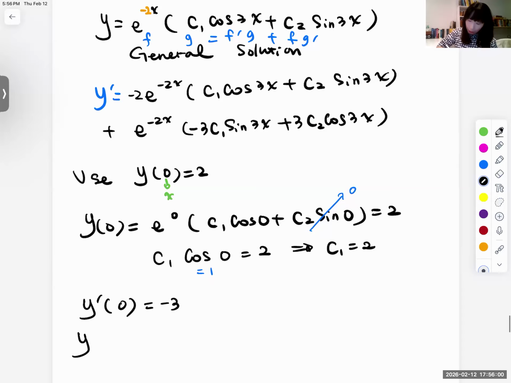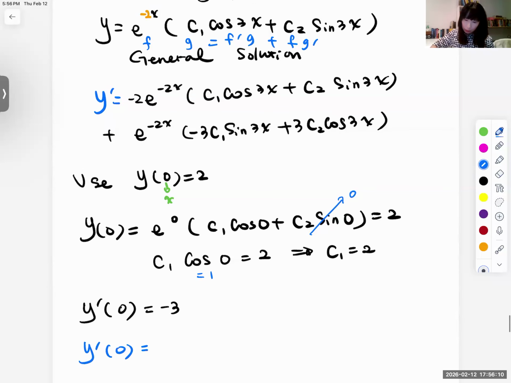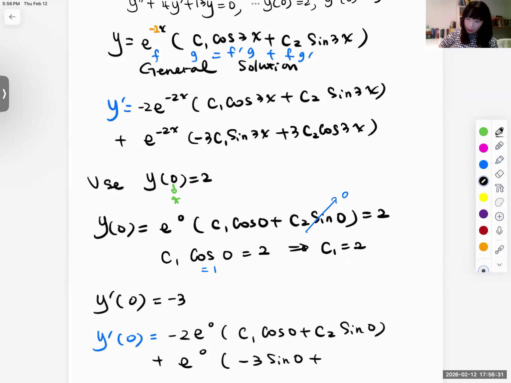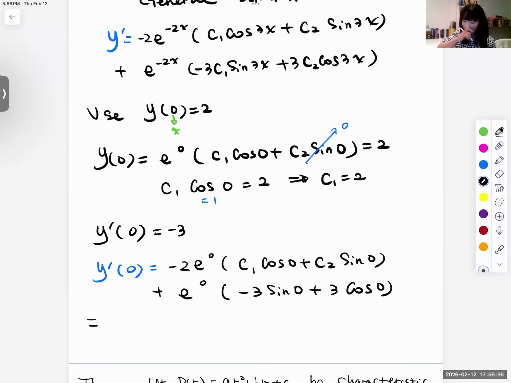Okay, so y prime of 0 equal to, we have negative 2 e to the 0 power and c sub 1 cosine 0 plus c sub 2 sine 0 plus e to the 0 power, negative 3 c sub 1 sine 0 plus 3 c sub 2 cosine 0. Yeah? Okay.